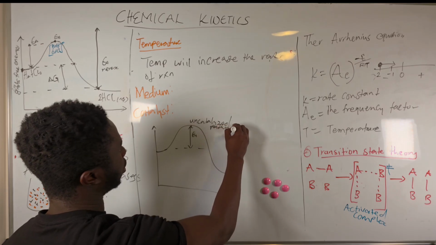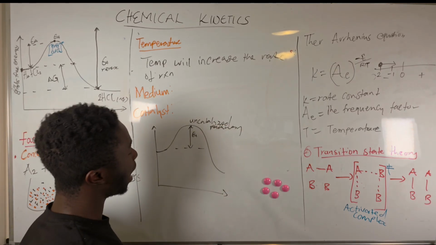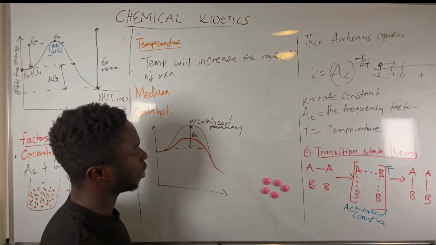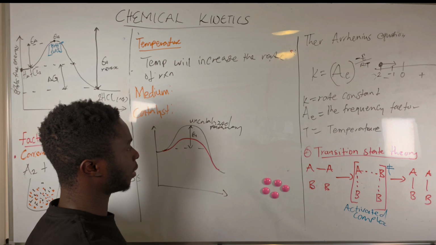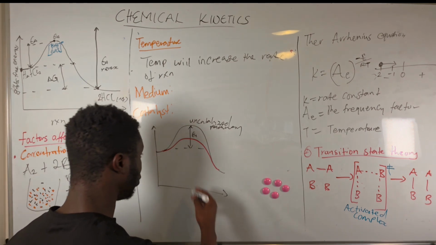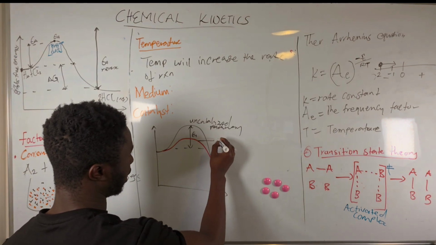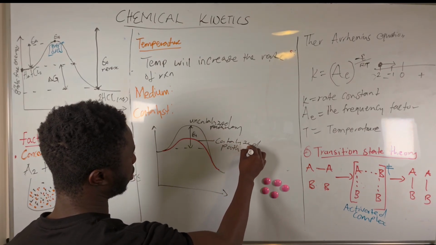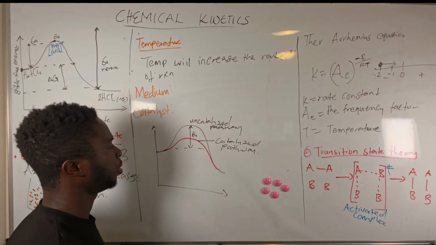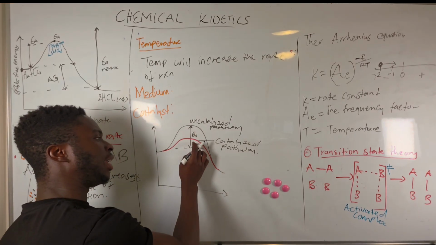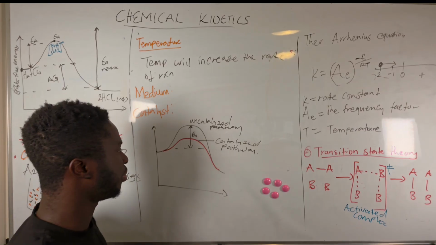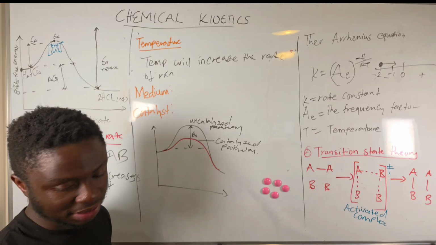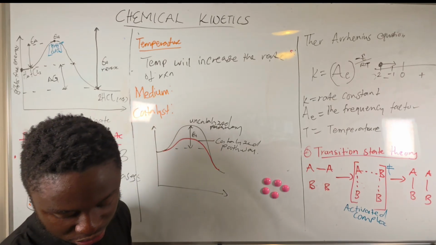Now if I decided to take a catalyzed pathway, what the catalyst will do is that it will reduce my activation energy, the energy I needed to overcome here. So this is the catalyzed pathway. Now, as you might know, it just reduced the activation energy for the reaction to occur. It did not have any other effect on the rate of reaction than decreasing the activation energy.